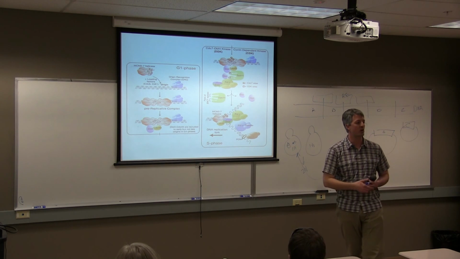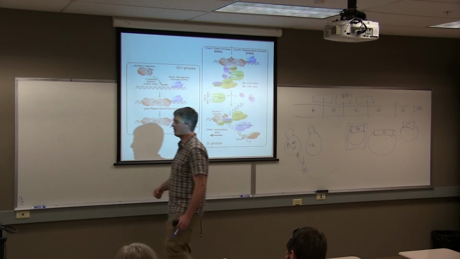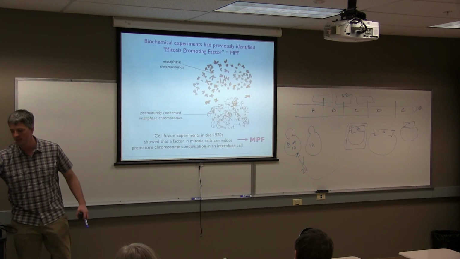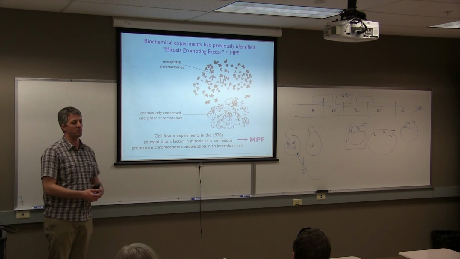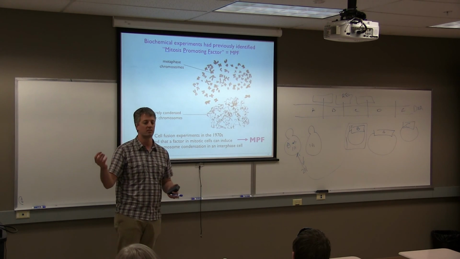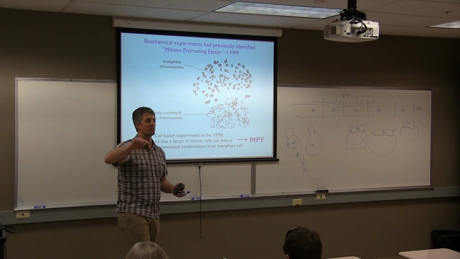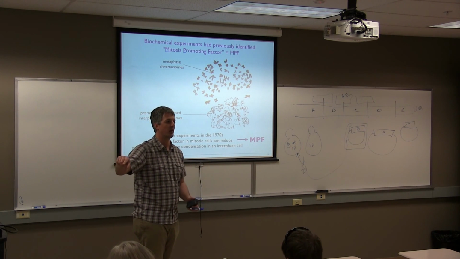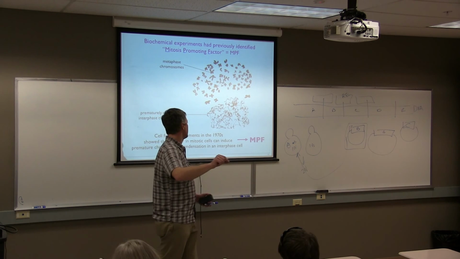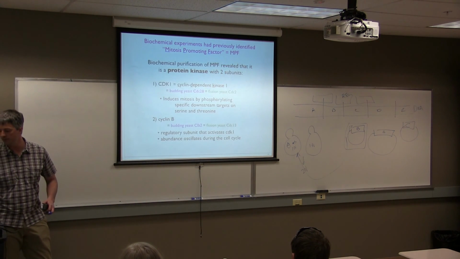The other approach, what happened really nice at the same time, just want to finish on this idea, is that people knew about mitosis promoting factor, right? There was something you could take from mitotic cells, the cells that were in mitosis, put it into other cells and cause them to go into mitosis, right? MPF is what it was originally called.